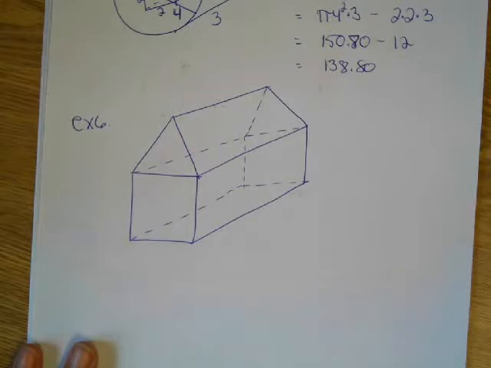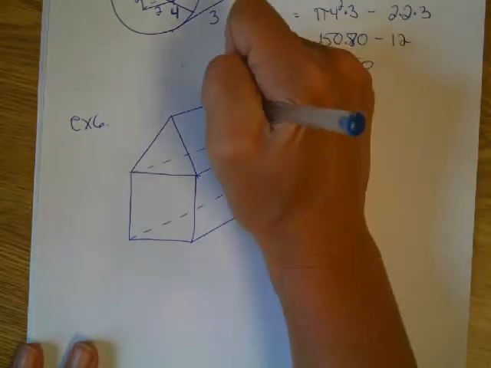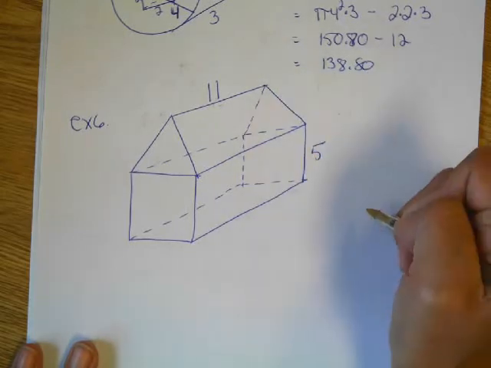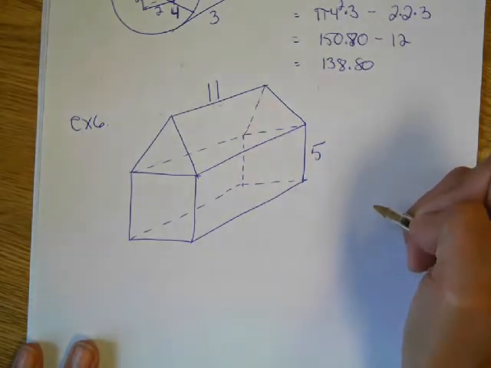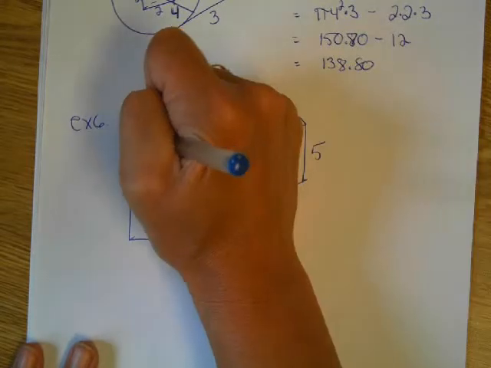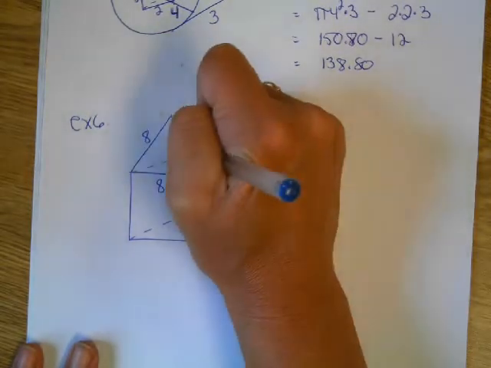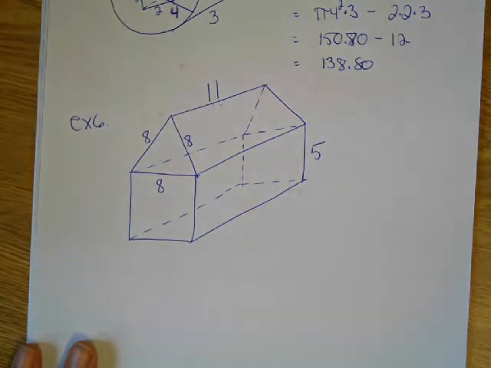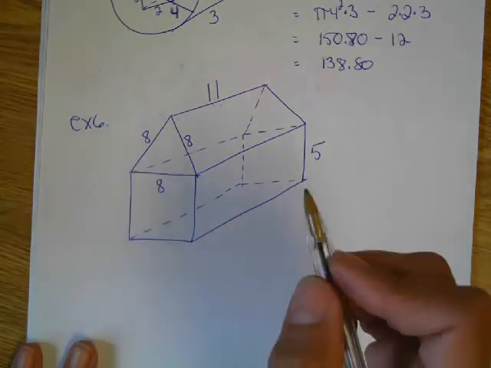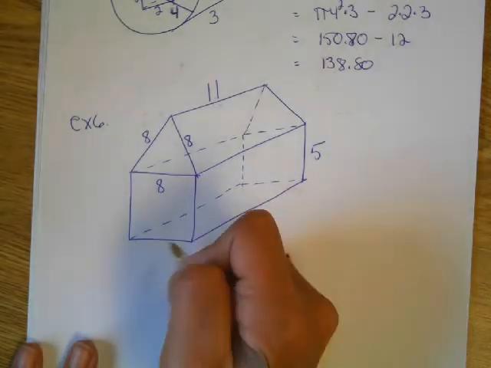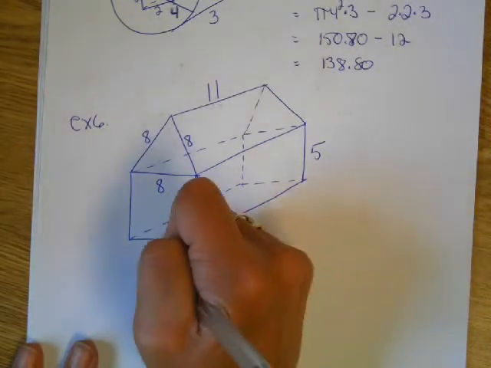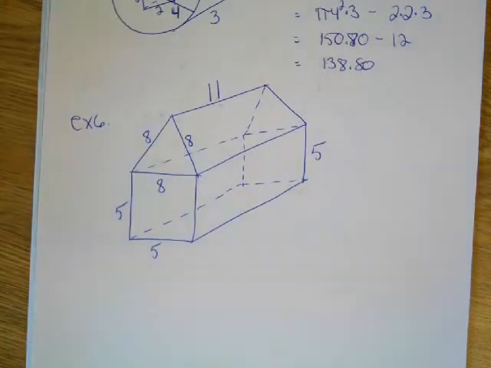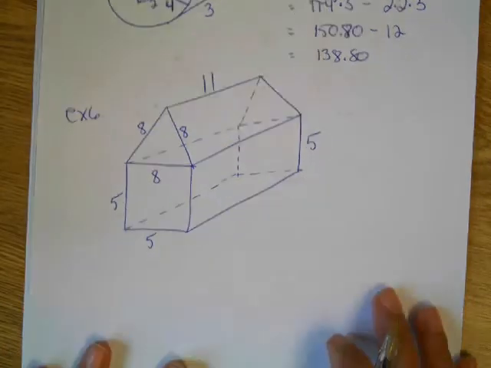Alright, here's what we got. 11, 5, an 8, 8, 8 equilateral triangle. And yeah, I think we got regular, we'll go 5 here also. 5 by 5. Okay. So our goal is to find volume of this composite figure.